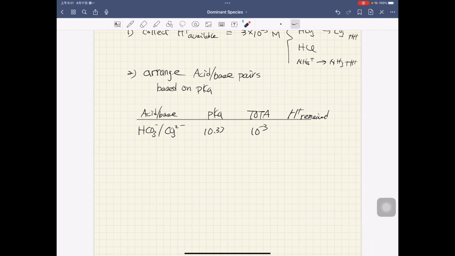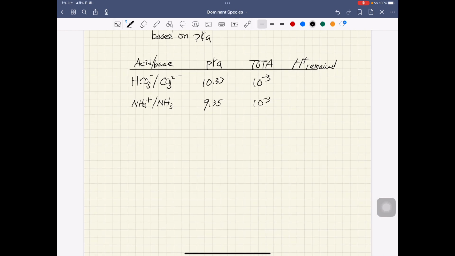And then the second pair will be ammonium and ammonia. This is 9.35 and 10 to minus 3 right now as well. And the third one, if possible, will go to this H2CO3 and HCO3 minus, right? And this one is 6.35. Do I have anything here?